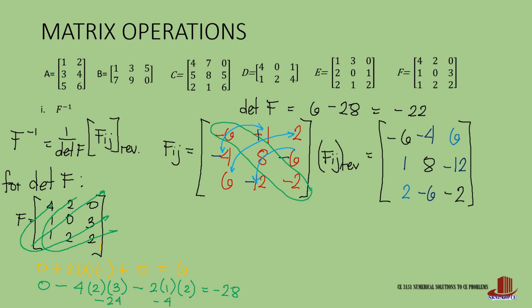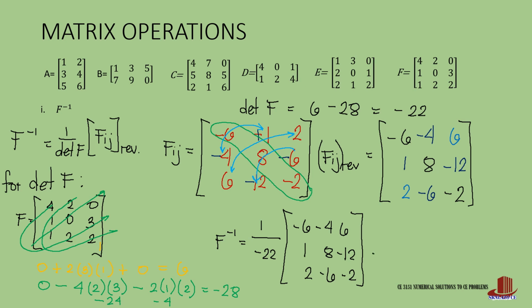The next thing that we are going to work on would just be plugging in all of the parameters into our formula. So we said that our inverse of matrix F would just be our determinant's reciprocal, or that's going to be 1 all over -22, multiplied by our matrix. You can leave it as is if you would like our scalar to be outside, or you can also integrate it in order for us to give, let's say, just one matrix.